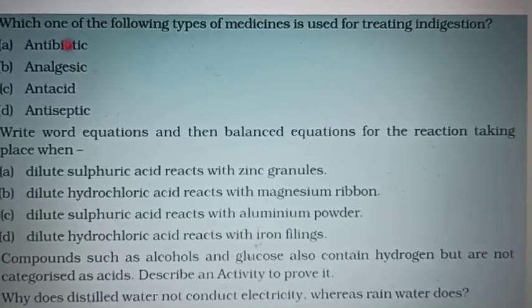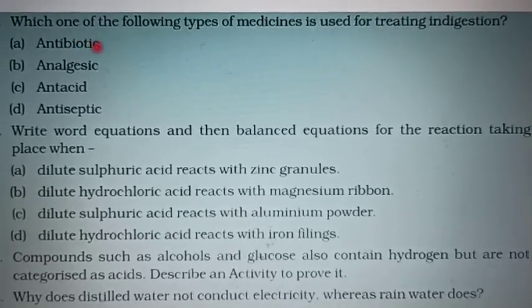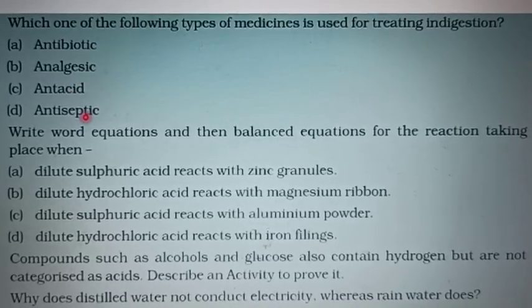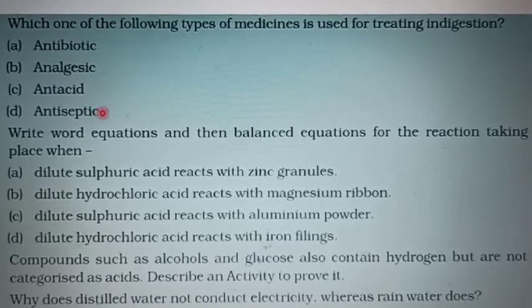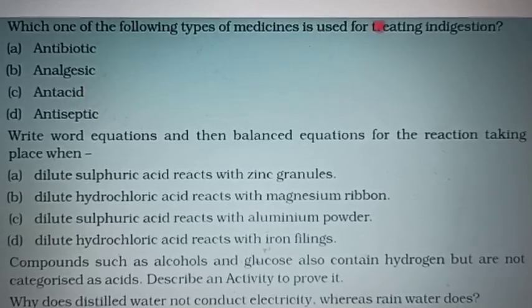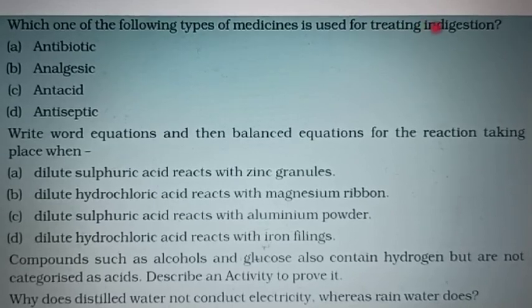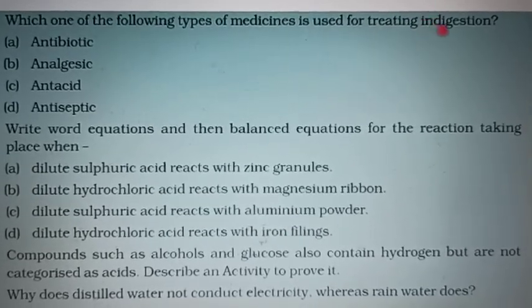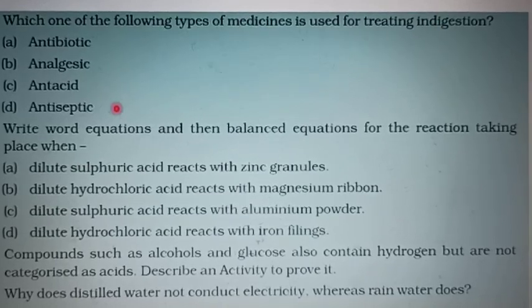Because antibiotic is used for the treatment of bacterial infection, analgesic is for pain, antiseptic for preventing sepsis. So this is antacid only, which is used for treating indigestion, because you know that because of indigestion the acidity is there, and for treating acidity the antacids are used.